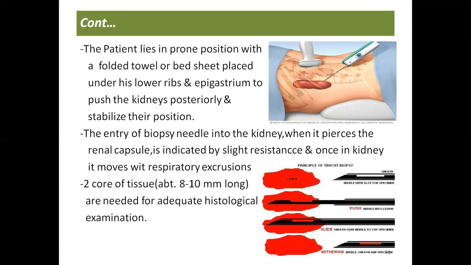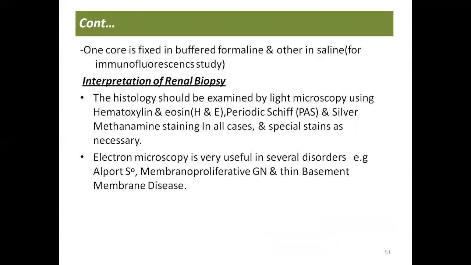Entry of the biopsy needle into the kidney, when it pierces the renal capsule, is indicated by slight resistance, and once in the kidney it moves with respiratory excursions. We need to take two samples. Two cores of tissue around 8 to 10 millimeters long are needed for adequate histological examination.